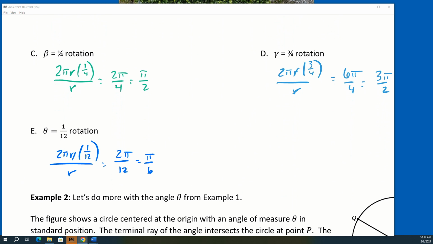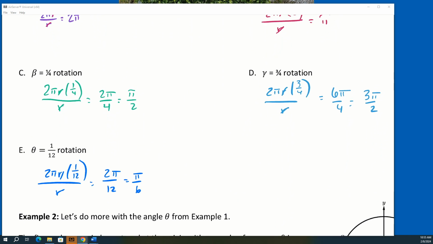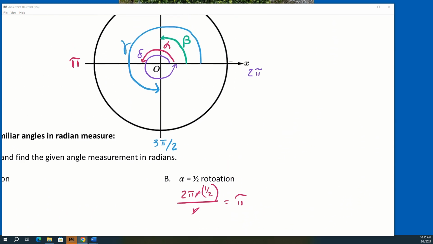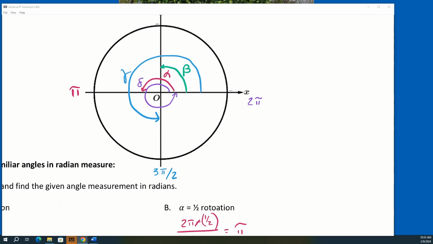All right, so that's going to be pi over 6. So I'm going to graph it up there. We're going to rotate a 1/12 of a revolution. I'd say it's about right here. And that's going to be theta.